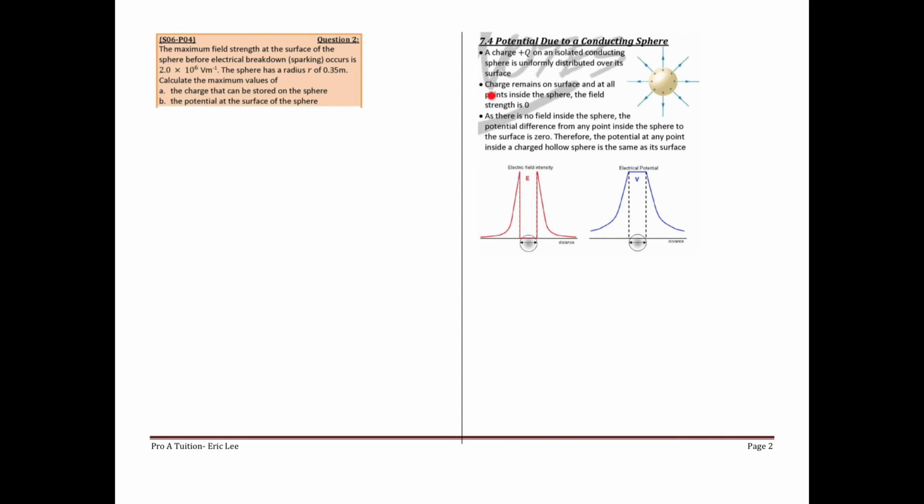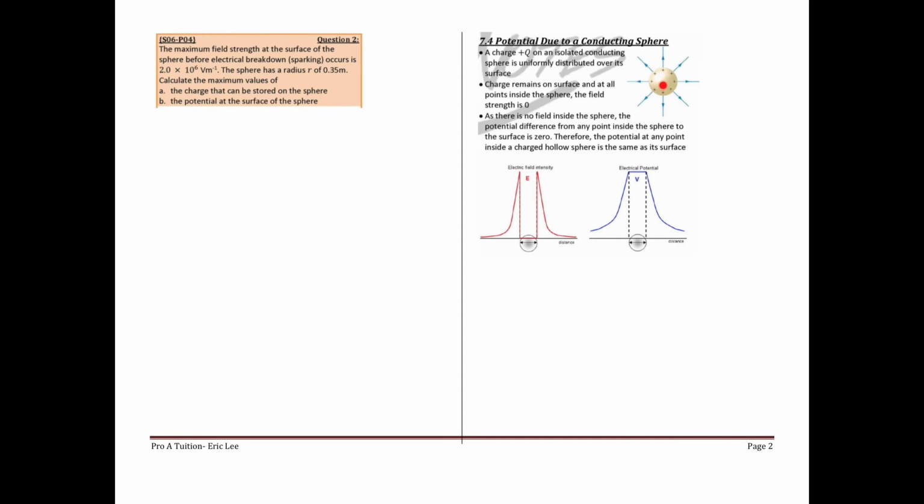Now let's move on. Second point. Charge remains on surface and at all points inside the sphere, the field strength is 0. So they are trying to say that the electric field strength E is equal to 0 inside the sphere.